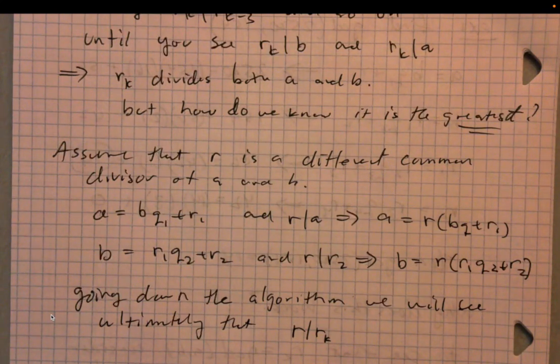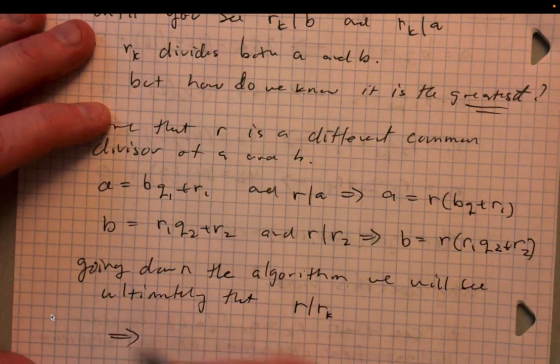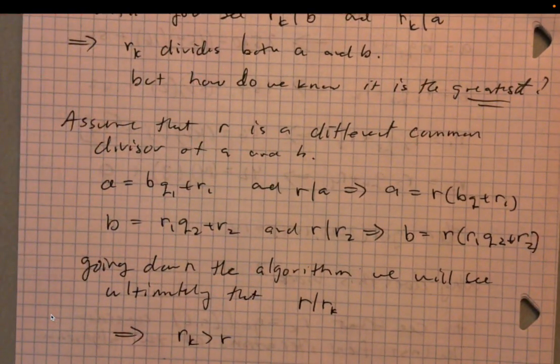Now, if r divides rk, right, rk is obviously not 0, then rk must be larger than r. So the implication here is that rk is greater than r. Right, and if that's the case, then rk is the greatest common divisor, right?